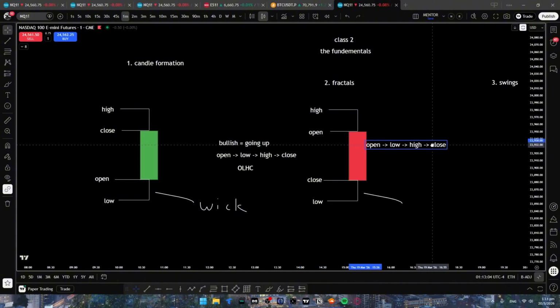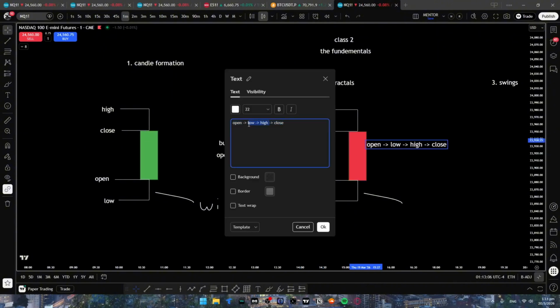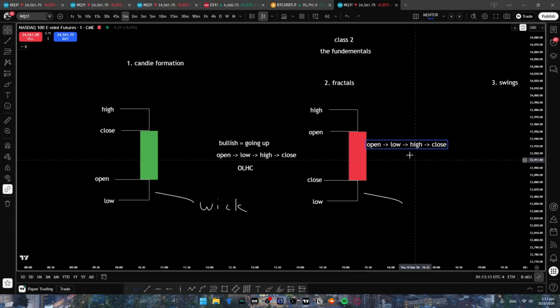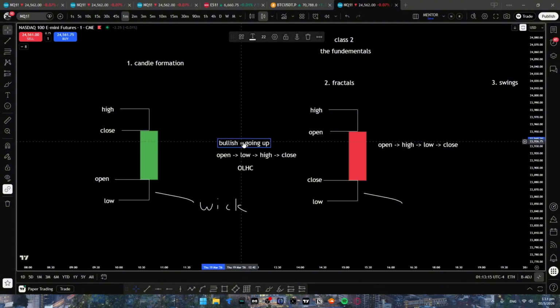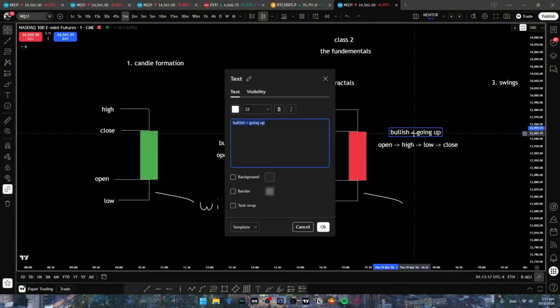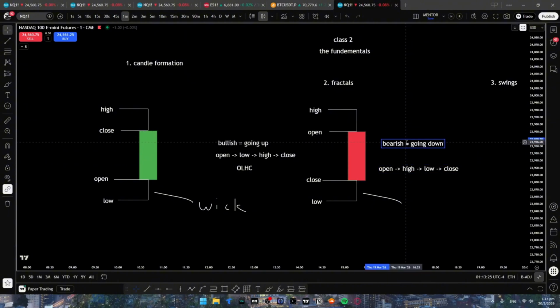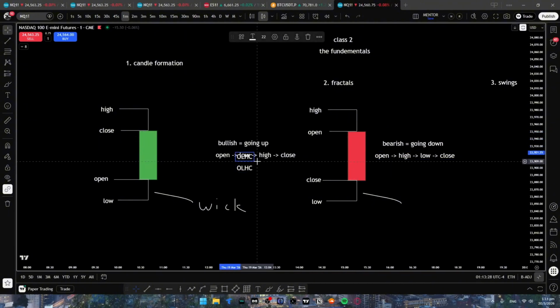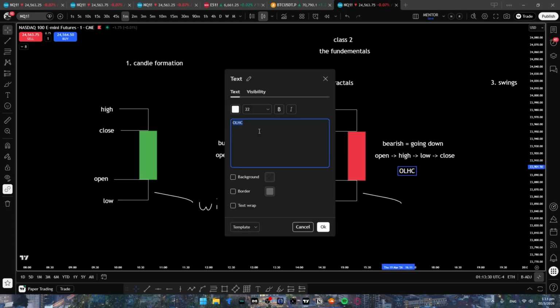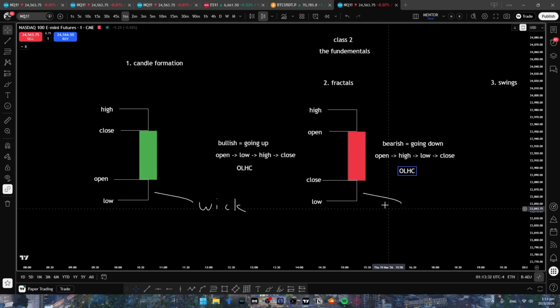And so this would be an open, high, low, close, and it will be called an open high low close.